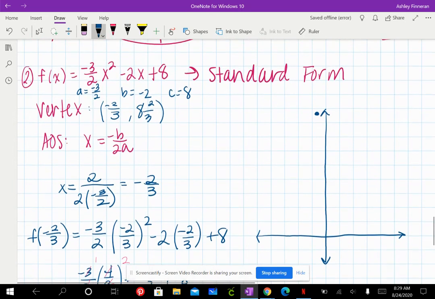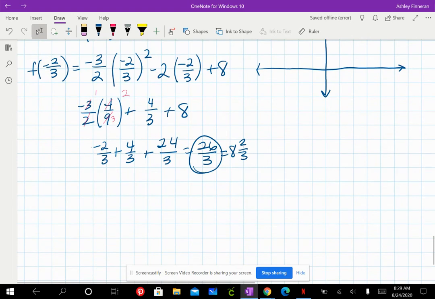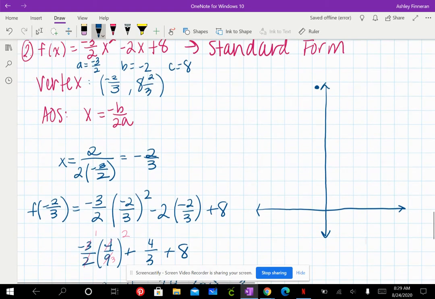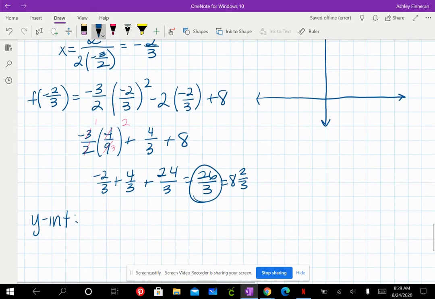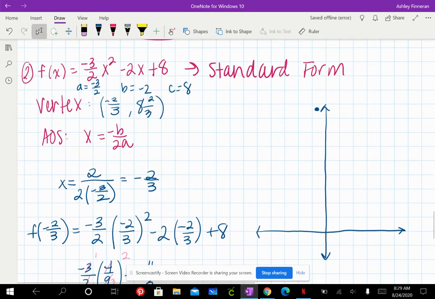Whatever you need to do to get some more points. I am going to find a few more characteristics. So the first thing I'm going to do is find the y-intercept, because it's easy. So if I plug in 0 for x, I am just left with 8. So I have 0, 8, which will be right here.